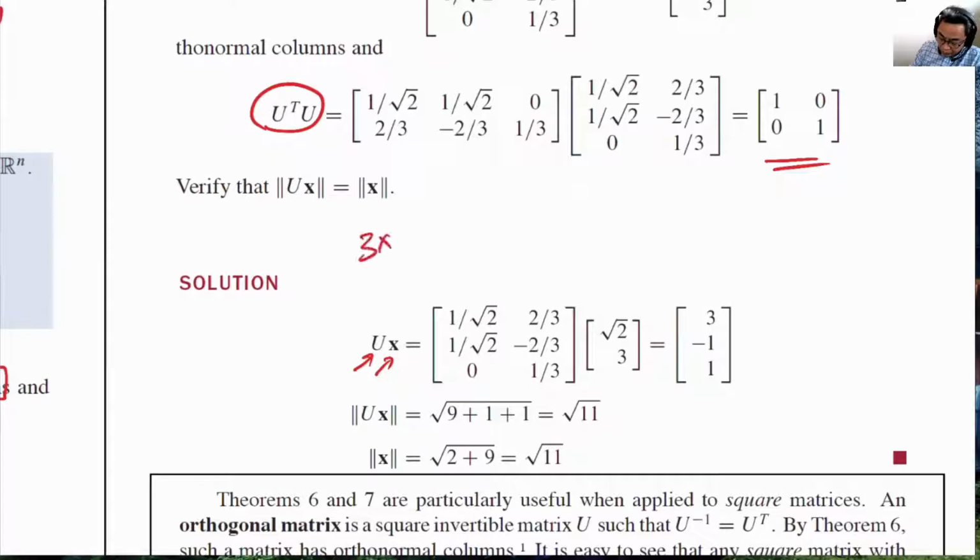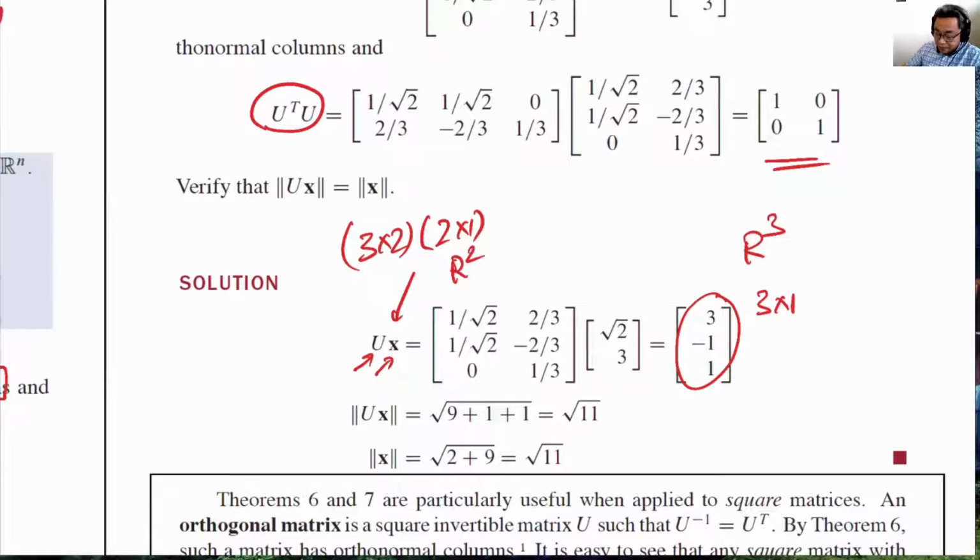U is a 3 by 2, therefore x must be a 2 by 1 vector, resulting in a 3 by 1 vector. We transform an R2 vector to an R3 vector.